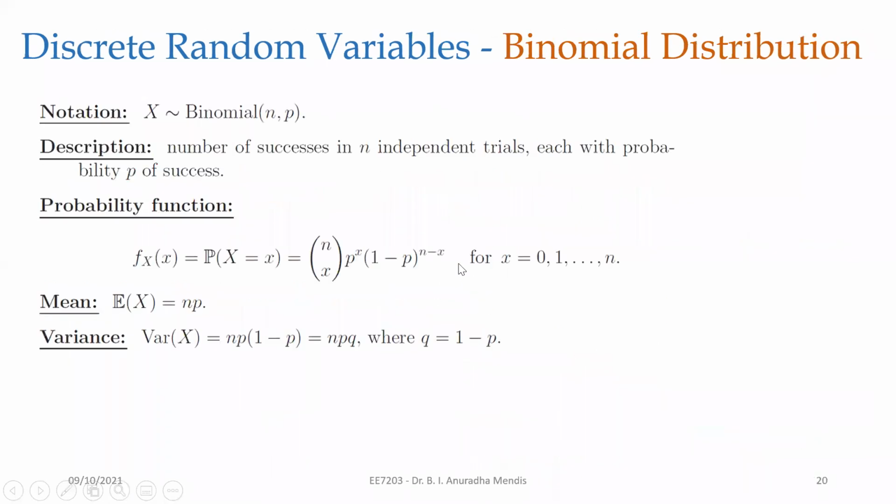Here also you have a random variable which has probability p of success, so again there are two outcomes. In binomial distribution, we also have two outcomes, but we do n independent trials and then get the number of successes. That number is the random variable here.